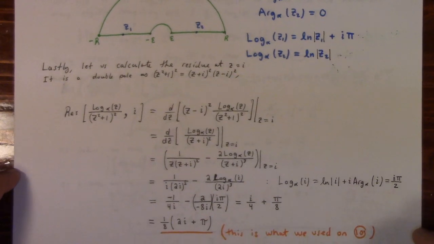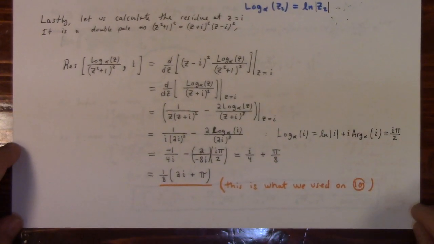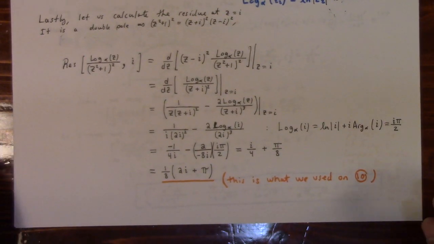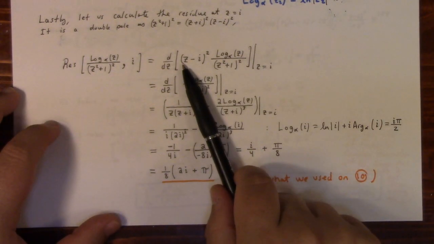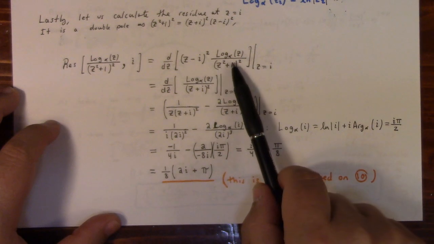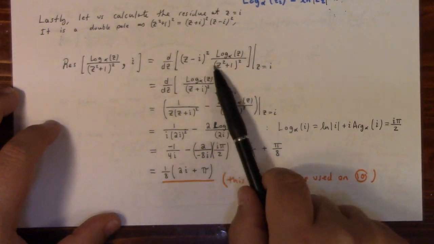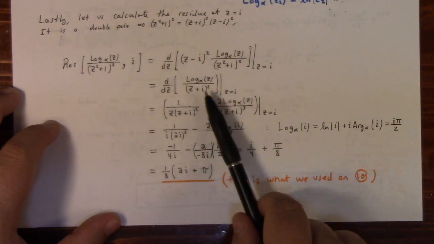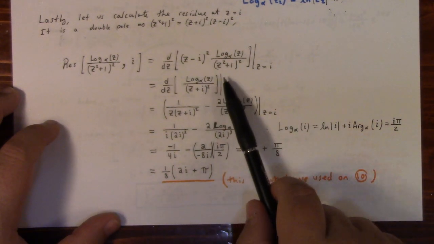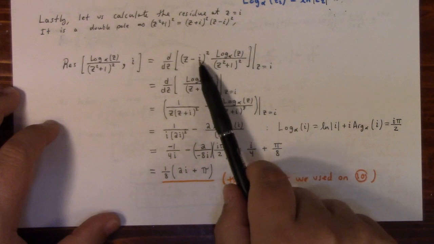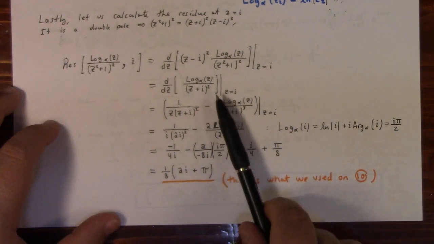Moving along, and the residue. Well, the residue actually takes a little work. It's a double pole, so you've got to do the derivative. You take the function and multiply by z minus the singularity, squared. That cancels out the singular piece and leaves you with the other part, which is log alpha z over z plus i squared. Then you differentiate.